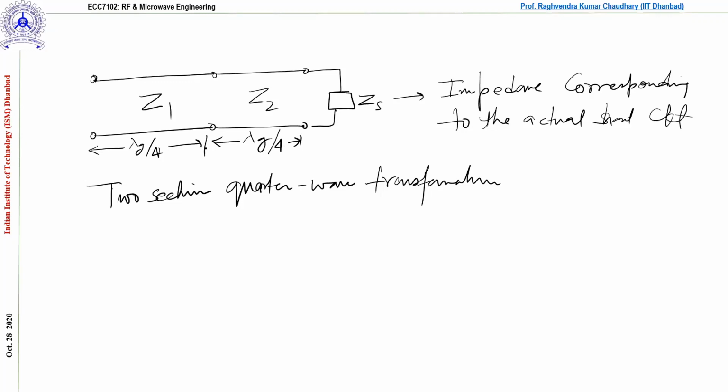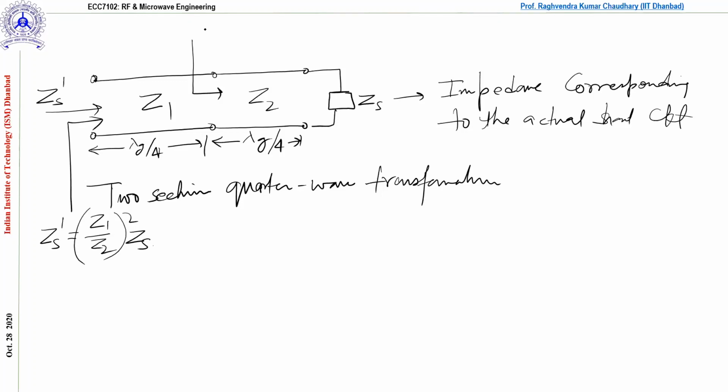If from here you see the impedance as ZS dash, then ZS dash will be equal to Z1 over Z2, the whole squared, times ZS. And if you see from this side, Z in 1 is Z2 squared by ZS.